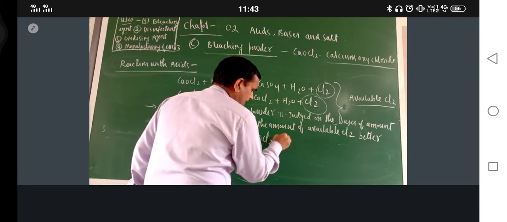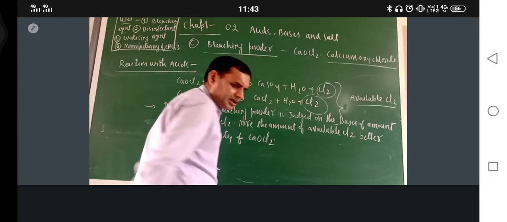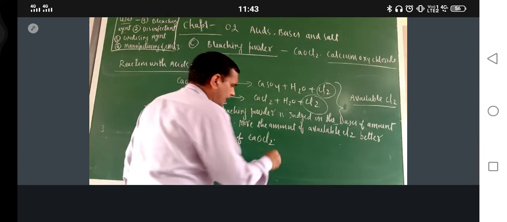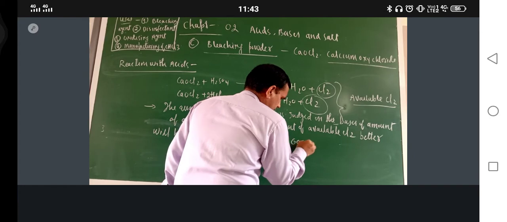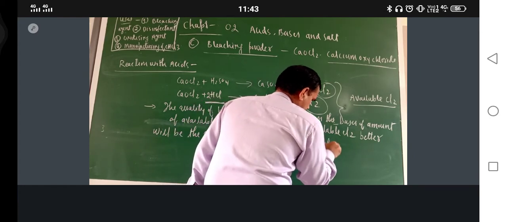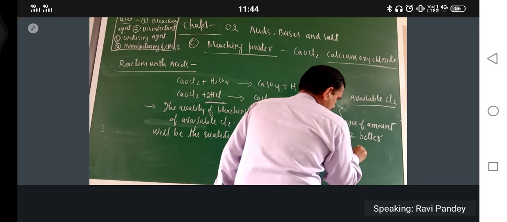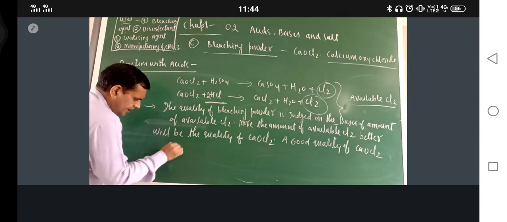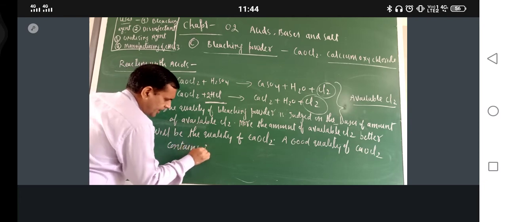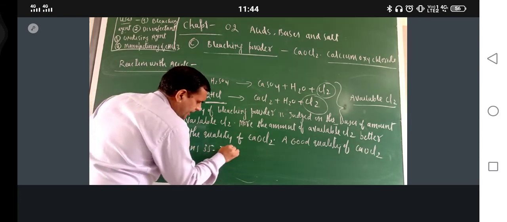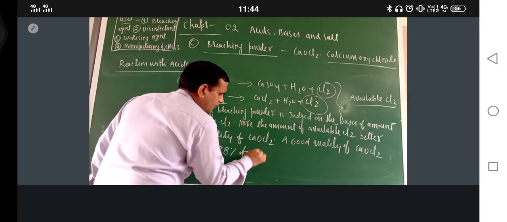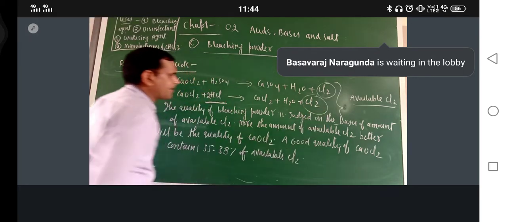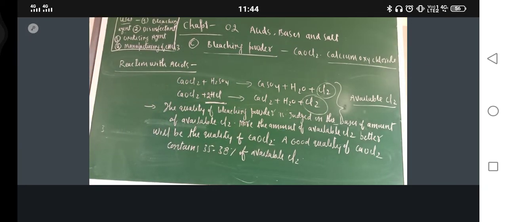Okay, generally just see, a good quality CaOCl2 contains 35 to 38 percentage of available chlorine. Okay, available chlorine. Just remember this. This is the most important thing.